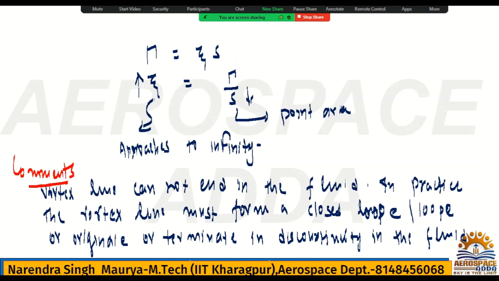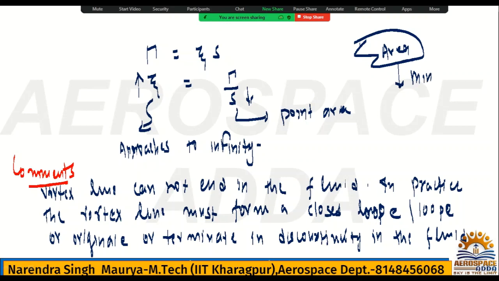And s decreases in the sense, what is the minimum thing possible? Suppose this is the area, what is the minimum possibility we have here? This area shrinks, and it is shrinking up to a dot.